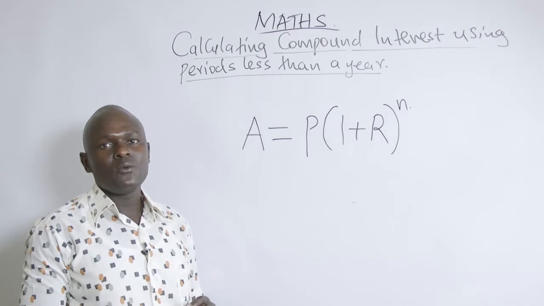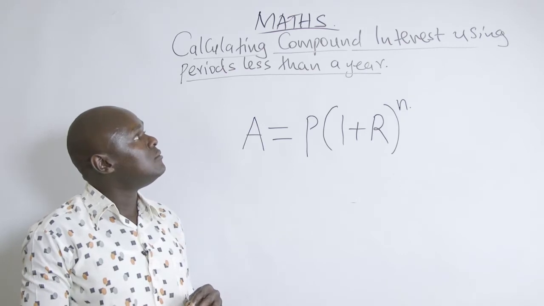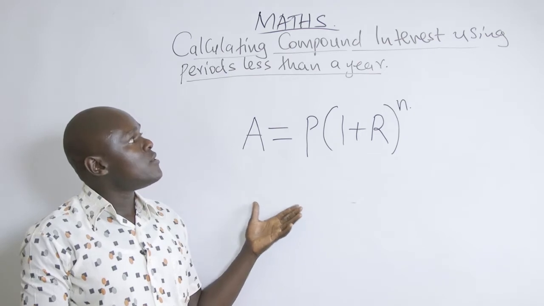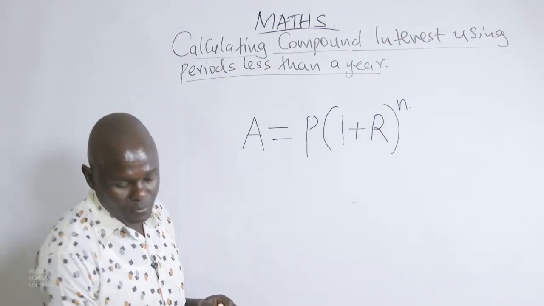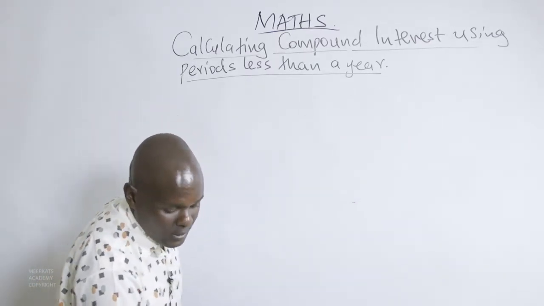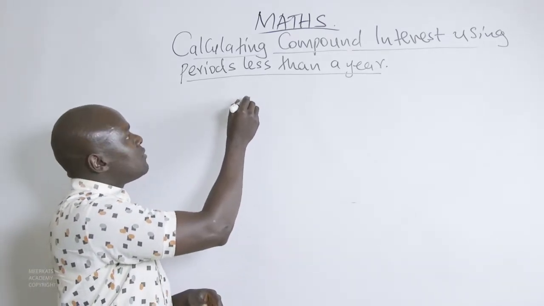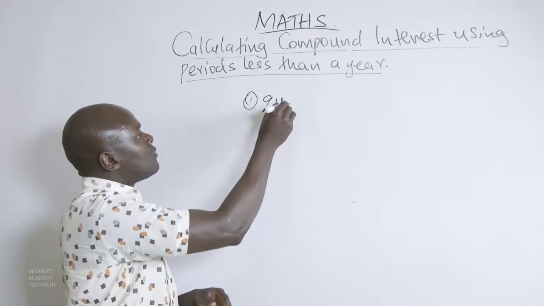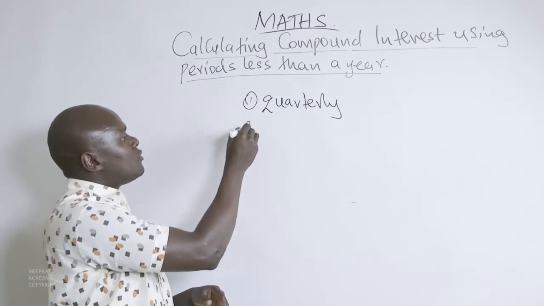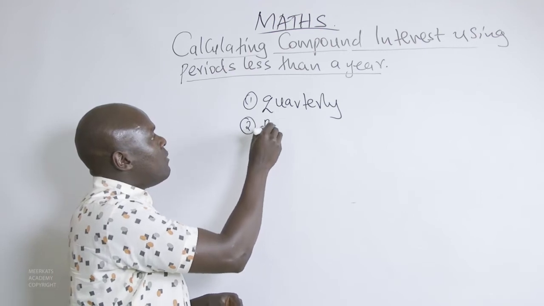So in this lesson, we want to look at how we calculate the amount, that is, how we calculate compound interest when the period is less than a year. When we talk about the period being less than a year, we are talking about quarterly periods. We might also be talking about biannually.